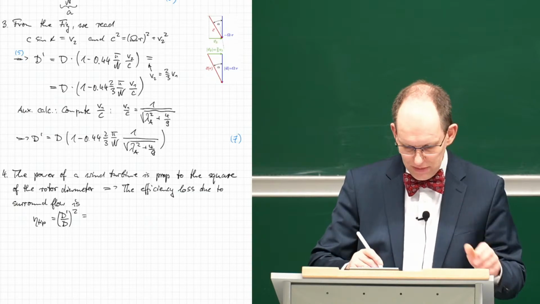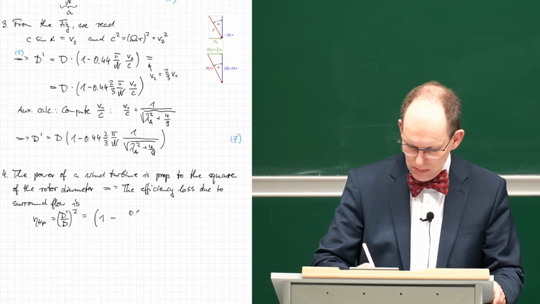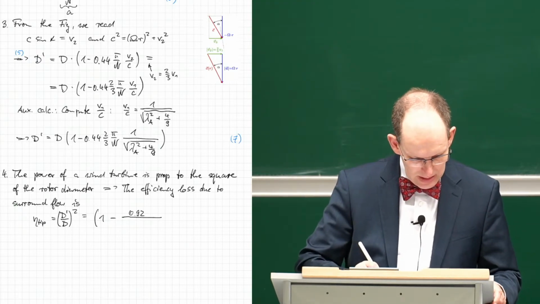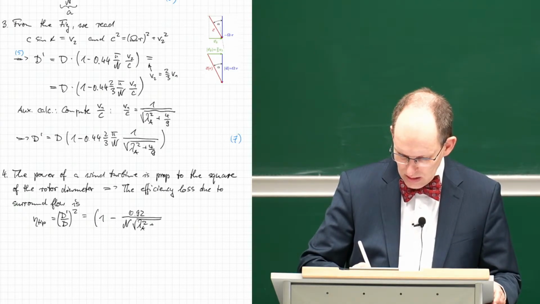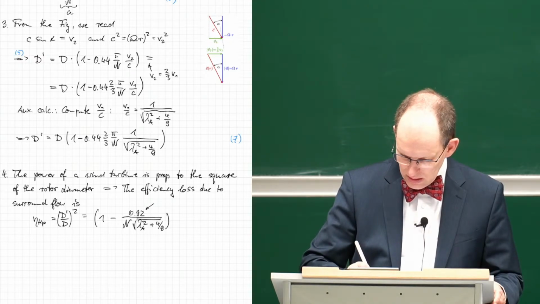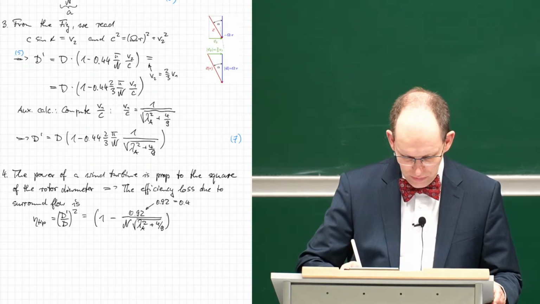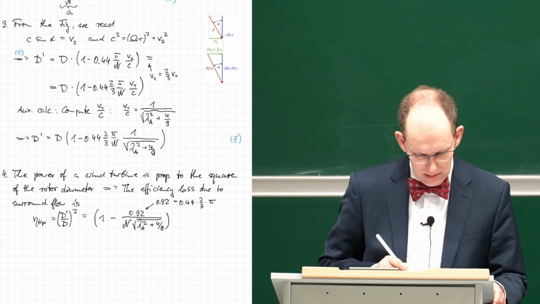And what we have then is 1 minus 0.92 divided by N times, and now this square root here. And this 0.92, this is equal to 0.44 times 2 over 3 times pi.